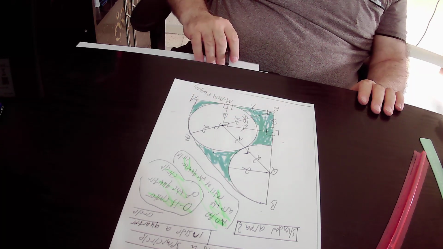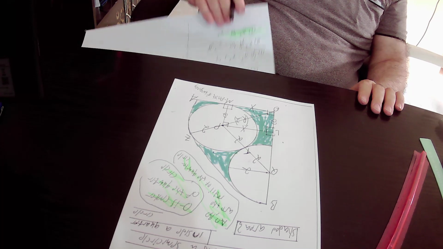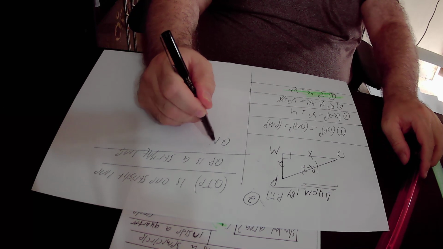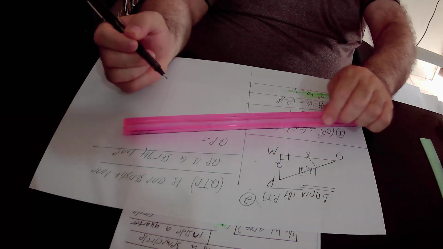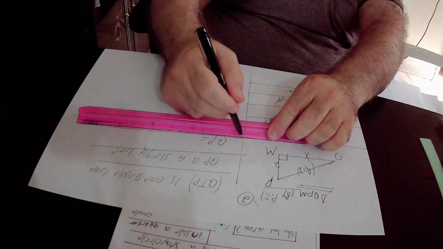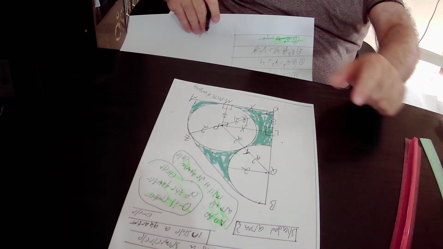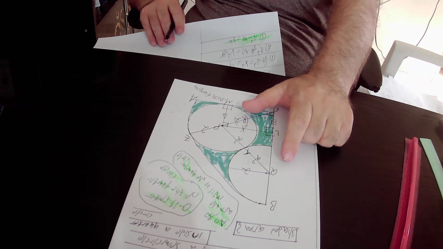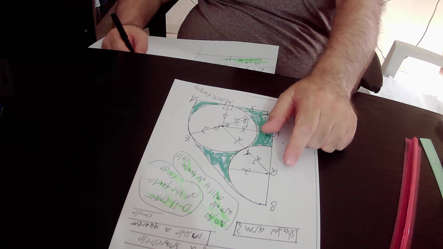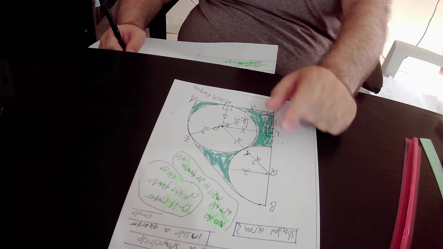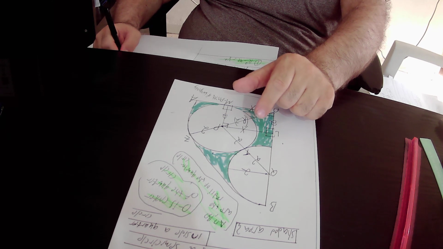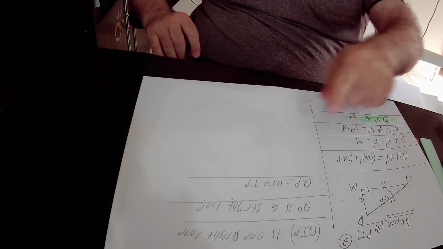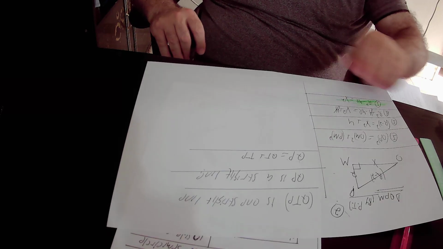The length of the straight line QP here, from the drawing, it is very easy to see that the length of the straight line QP equals QT plus TP.